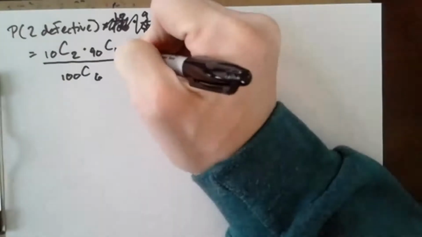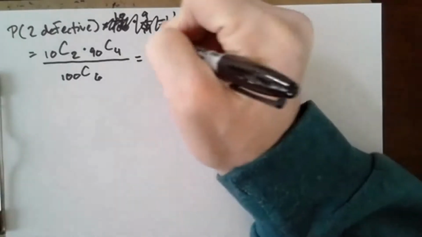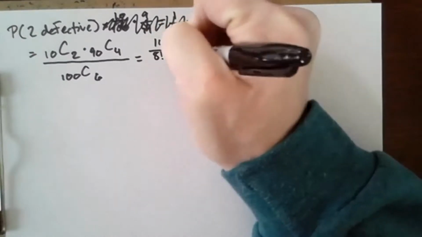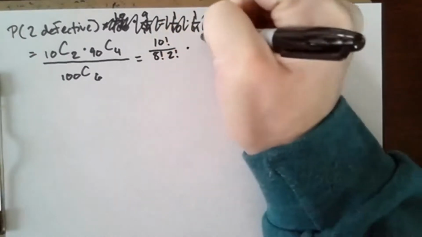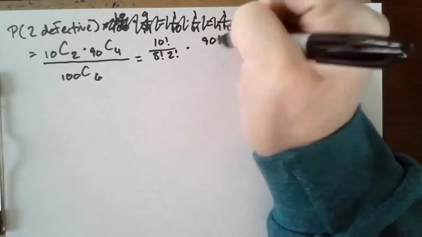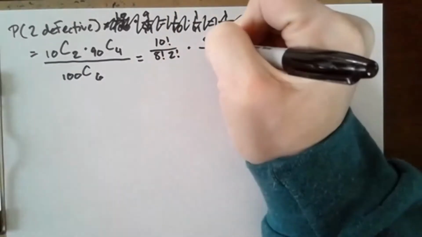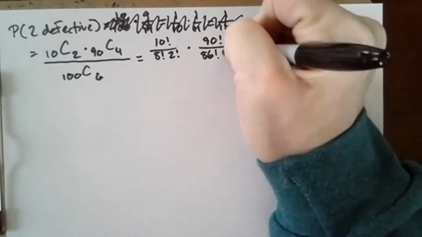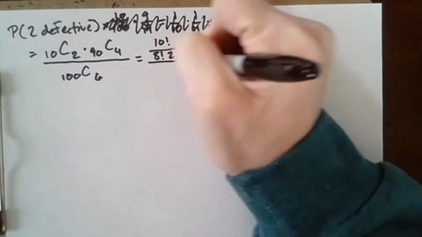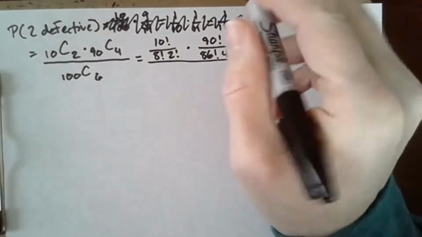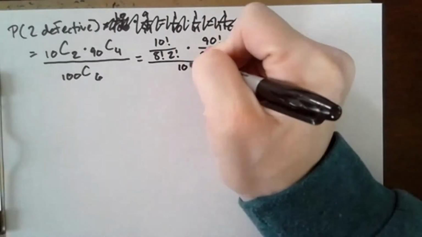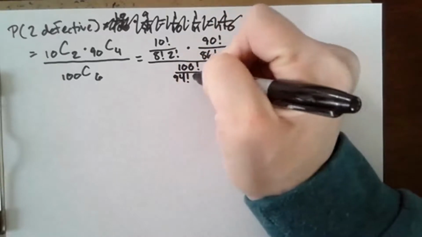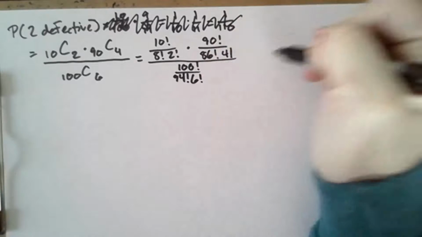Okay, well, 10 choose 2, that's going to be 10 factorial over 8 factorial times 2 factorial, times 90 factorial over 86 factorial times 4 factorial, over 100 factorial over 94 factorial times 6 factorial.